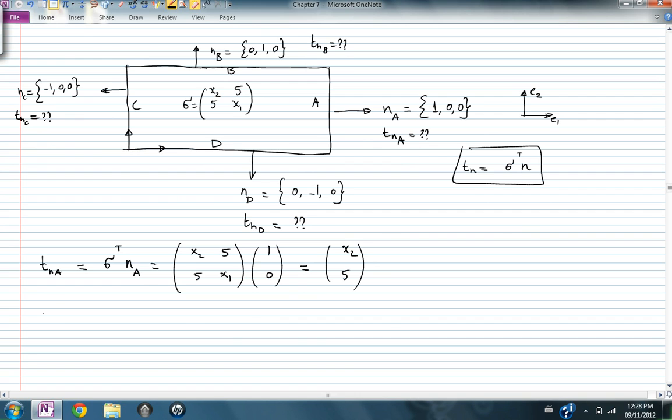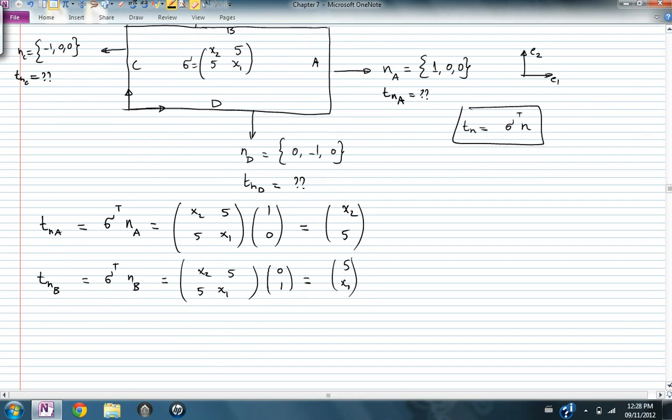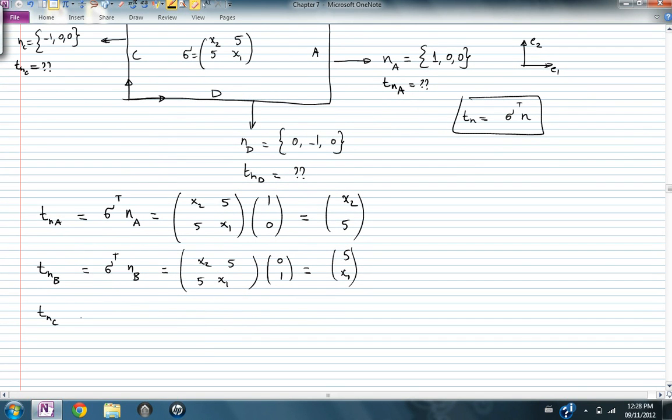T and B is equal to sigma transpose NB, x2, 5, x1, 0, 1, which is equal to 5, x1. Traction vector NC is equal to sigma transpose NC, which is equal to x2, 5, x1, negative 1, 0.